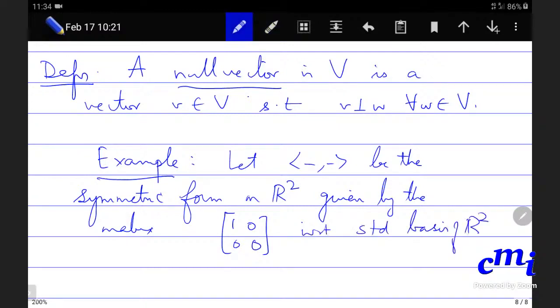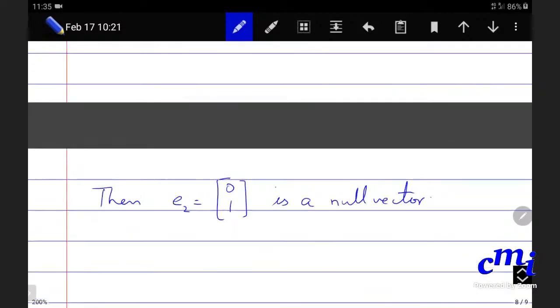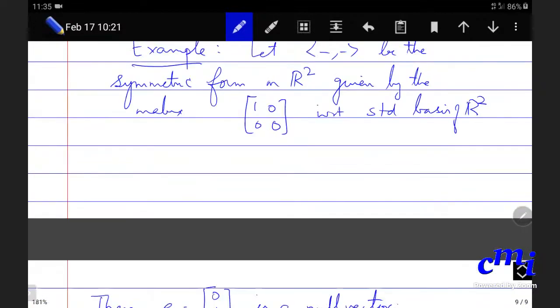Okay. So then let us look at E2, which is (0, 1). It is a null vector. Why is that?